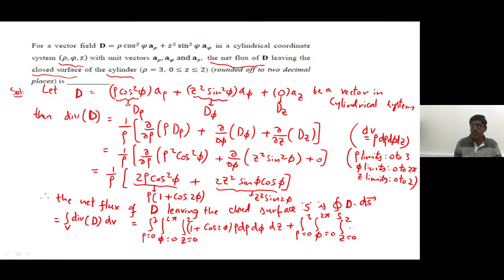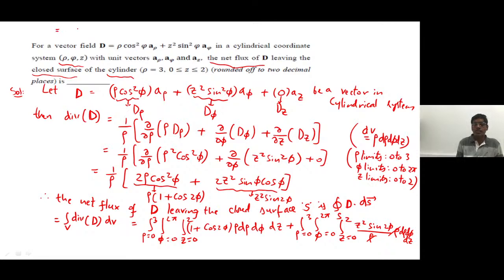The term is z square sin 2 phi divided by rho multiplied with rho d phi into dz. One is rho integration, another is phi integration, and another is z integration. Here rho cancels. So this is term by term integration, because it is a product of rho terms, phi terms, and z terms.